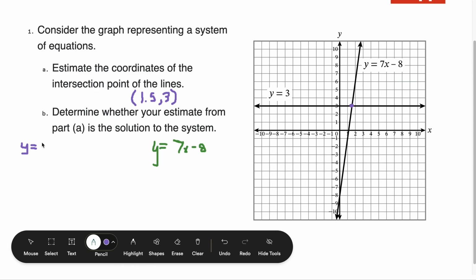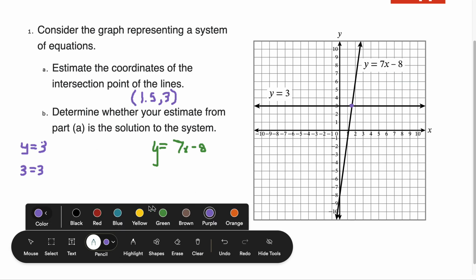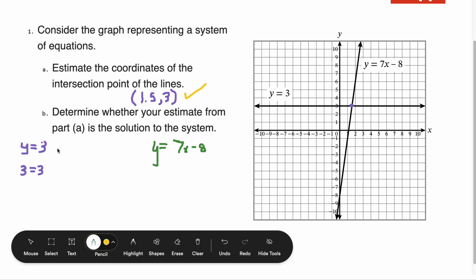Back to the pencil. y equals 3. So if I'm plugging these points in, instead of writing y into this equation, I am going to write 3. So does 3 equal 3? Yes. So we could definitely say that, yes, this point is a solution for this first equation.